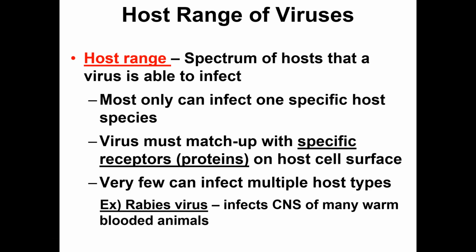Okay, but some, though, are broad in their host range. And these are the scary ones. Okay, these are the ones that can infect all sorts of animals or all sorts of tissues in your body. So one example, the obvious one, rabies. Right? Causes a really nasty central nervous system infection which has a very high mortality rate.